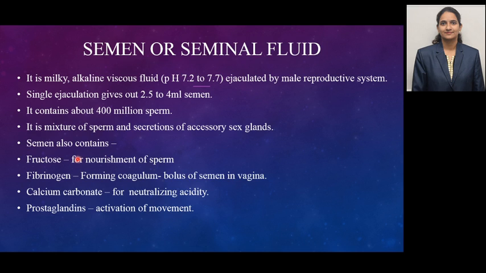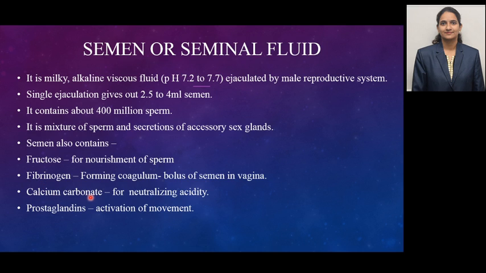Let's see its composition. Fructose is for nourishment of sperm, to give them nutrients. Then fibrinogen forms the coagulum bolus of semen in the vagina. Semen bolus is formed while traveling towards the vagina, due to the fibrinogen component present in semen.